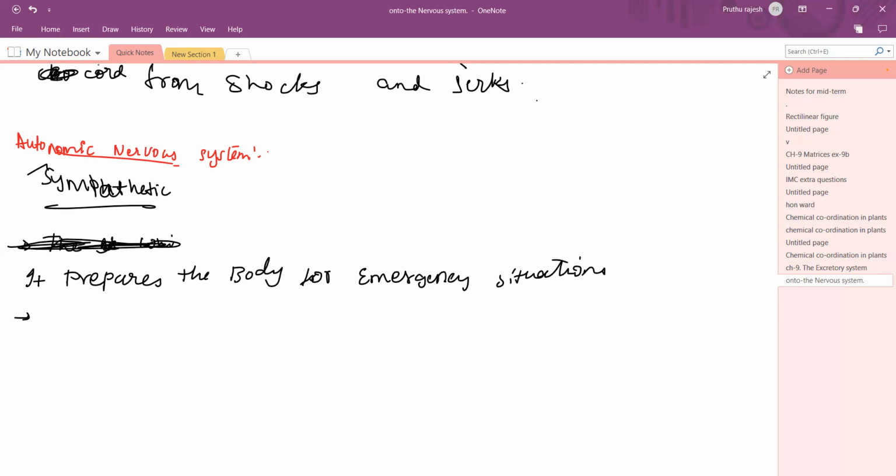When you're scared, you will not feel hungry because of this reason. Peristalsis is also inhibited. Glycogen is converted to glucose in the liver to prepare the body for action. Next is the release of emergency hormones, adrenaline and noradrenaline, and in some people the bladder relaxes.